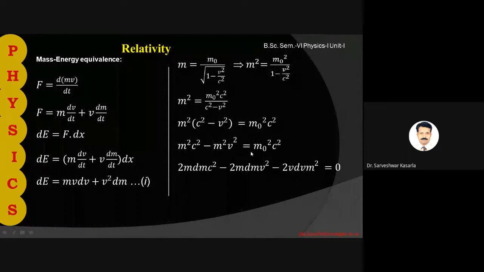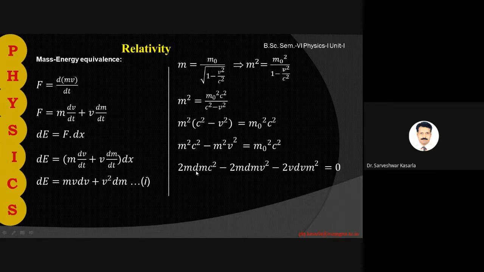This entire term is constant, therefore its differential is 0. So 2m dm into c square minus 2m dm v square minus 2v dv m square is equal to 0. Now this 2m can be taken common, and it can also be cancelled.